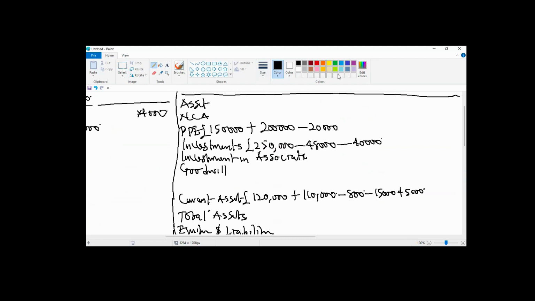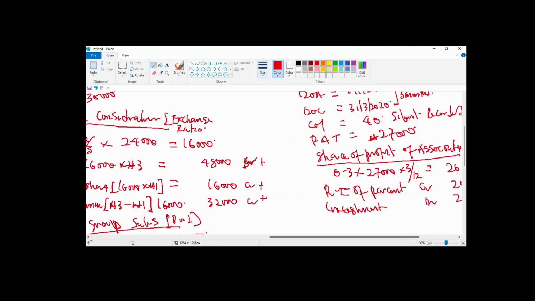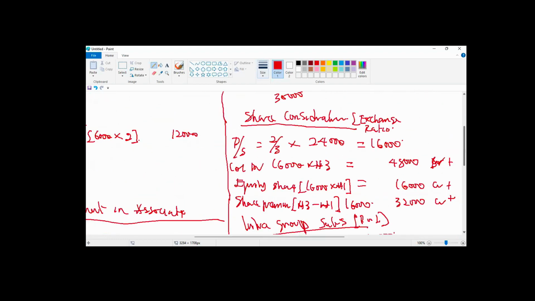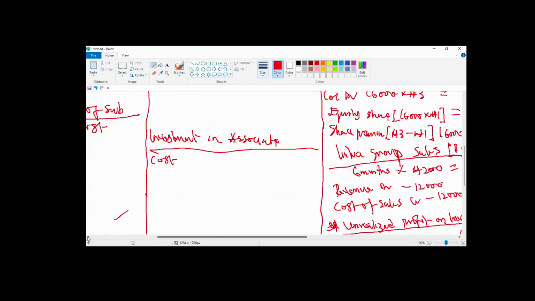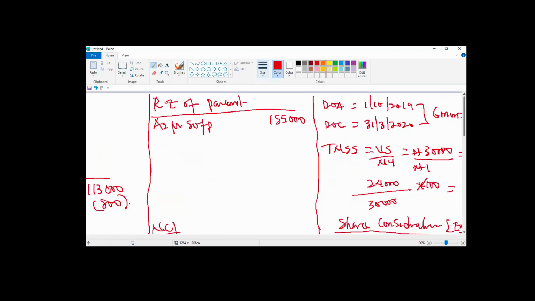I'll go to investment in associates, recorded at cost, 40,000. Share of profits: retained earnings of the parent is credited with the share of profits.